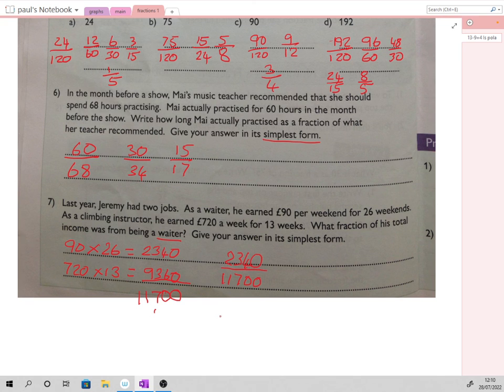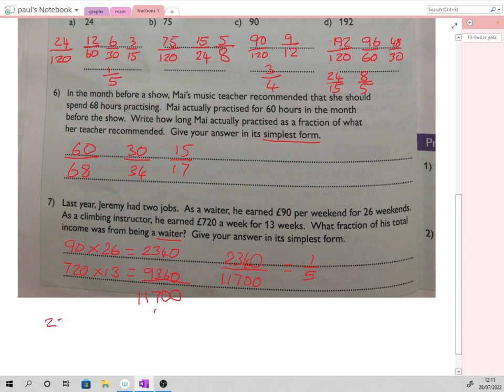But I'm just going to see whether the number 2340 does actually go into 11700. 11700 divided by 2340. And that goes in 5 times. So it means that this number here is 5 times bigger than that. So I could simplify that to 1 over 5. See how that's come straight to it by thinking, I wonder how many times that goes in.